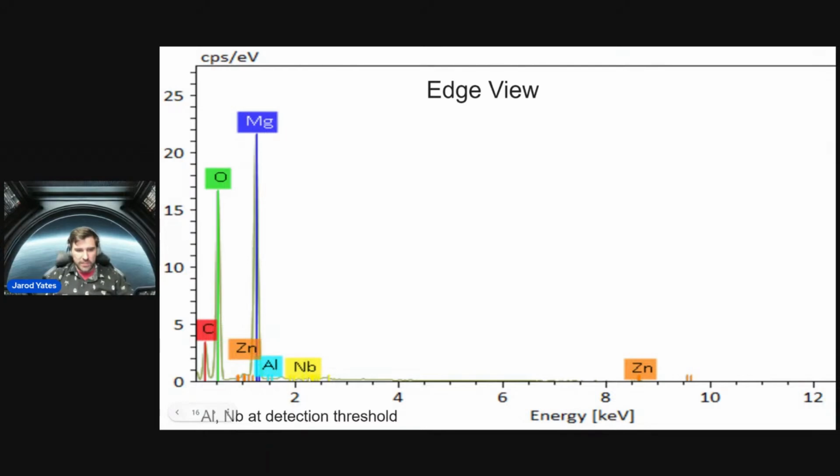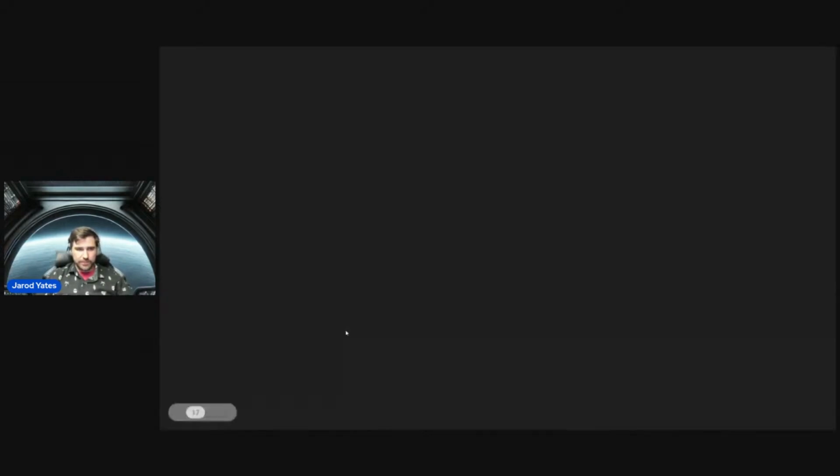This is the only time that we detected that, so it's likely noise. But at this point, with so many unknowns about this, it's important to keep in mind every single little thing that you are able to observe. The important part is we have magnesium and zinc, like we've been saying, and a fair bit of oxidation and carbonization on the edge here.